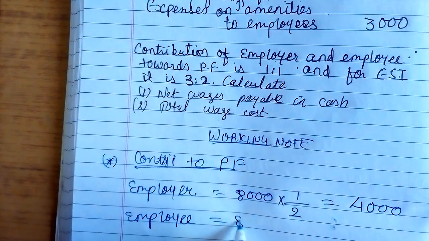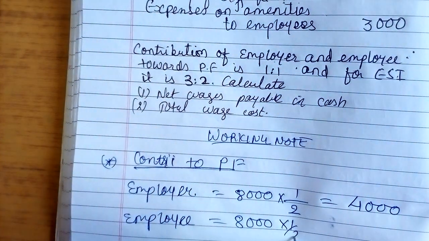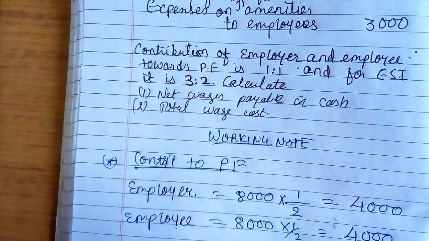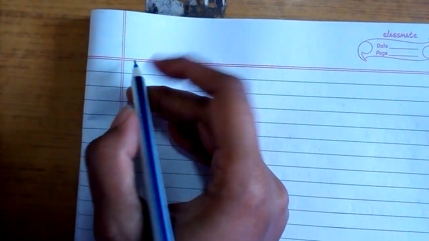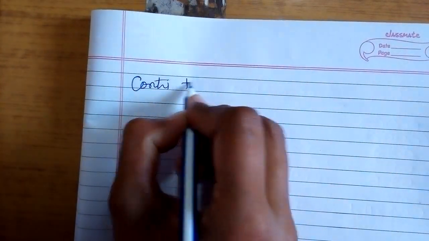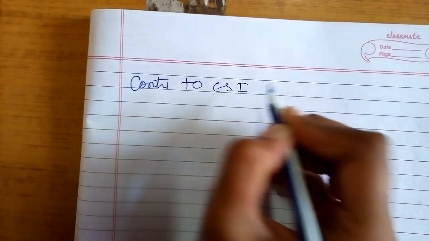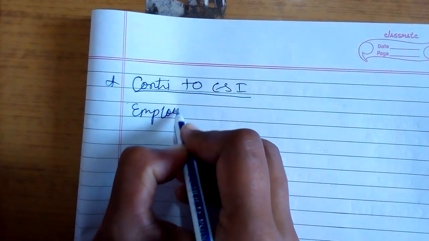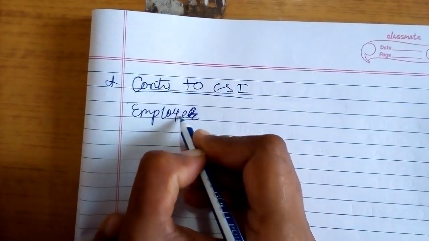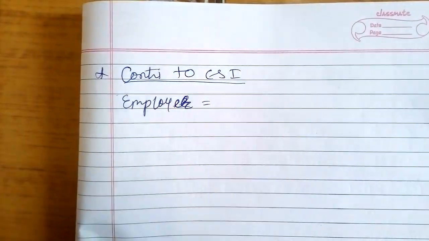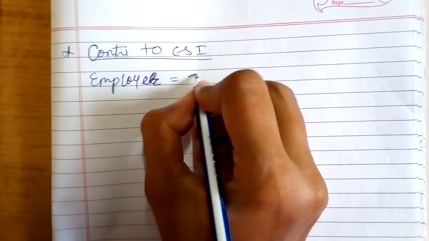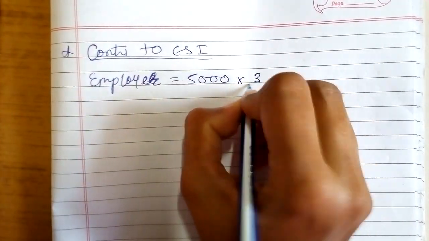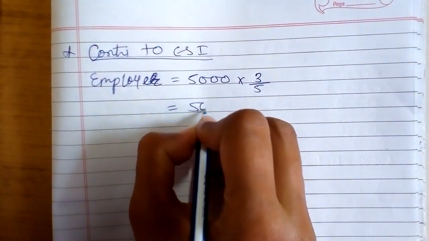Employees contribution will be again 8,000 into 1/2, so 4,000. Okay. Next, contribution to ESI for both. So for the employer, sorry, the total amount is 5,000 and the ratio is 3:2. So 3 will be of employer and 2 will be of employee.